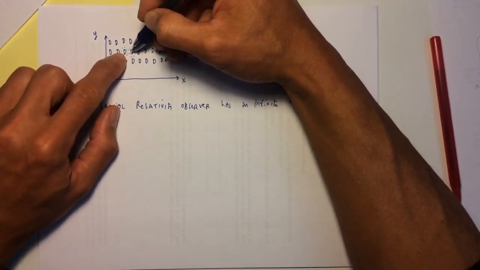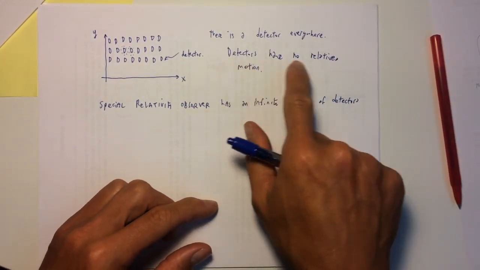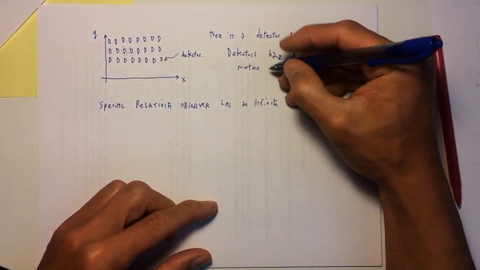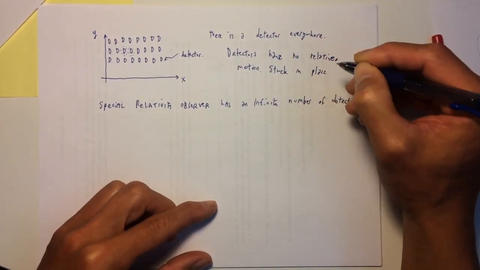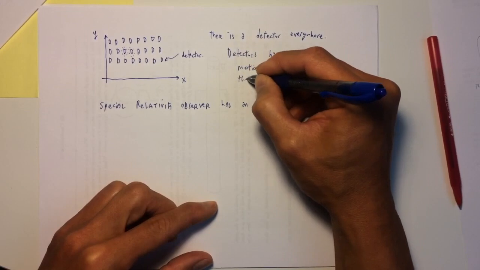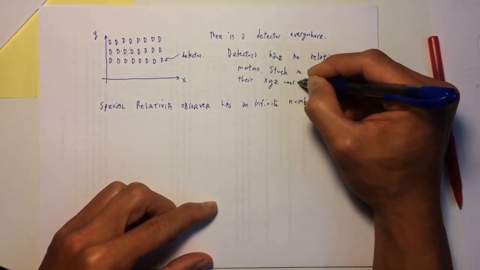They don't have a relative velocity compared with each other. So these detectors have no relative motion. They are stuck in place in their x, y, z coordinate system.